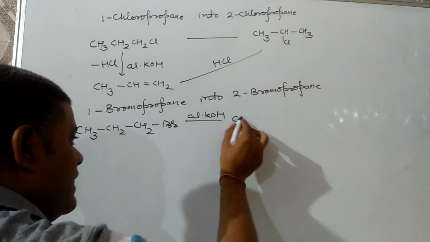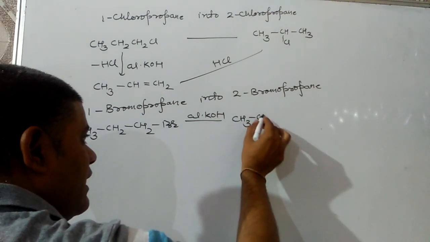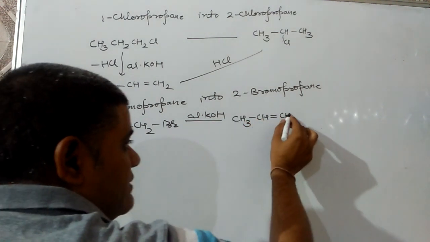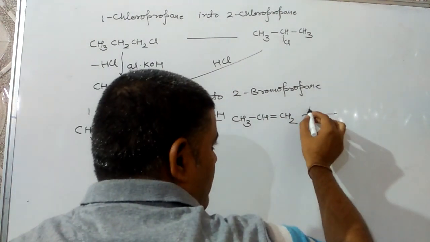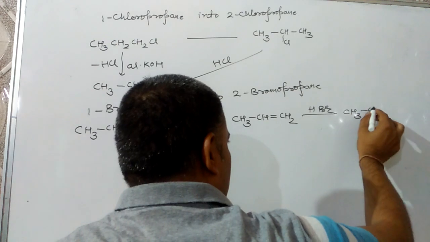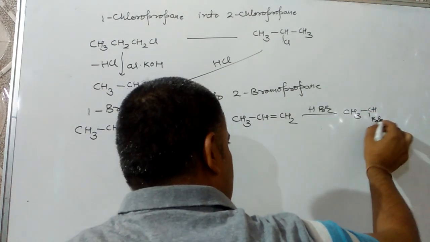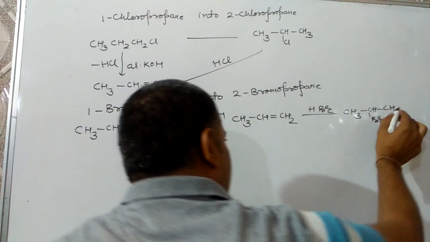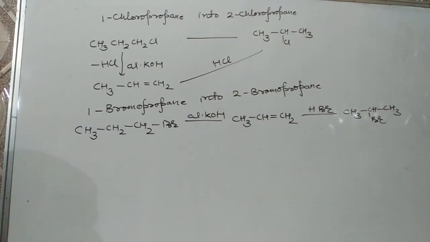Then we will get propene. And then we have to do the Markovnikov addition. For Markovnikov addition, we have to add simple HBr. Then the product formed will be 2-bromopropane.